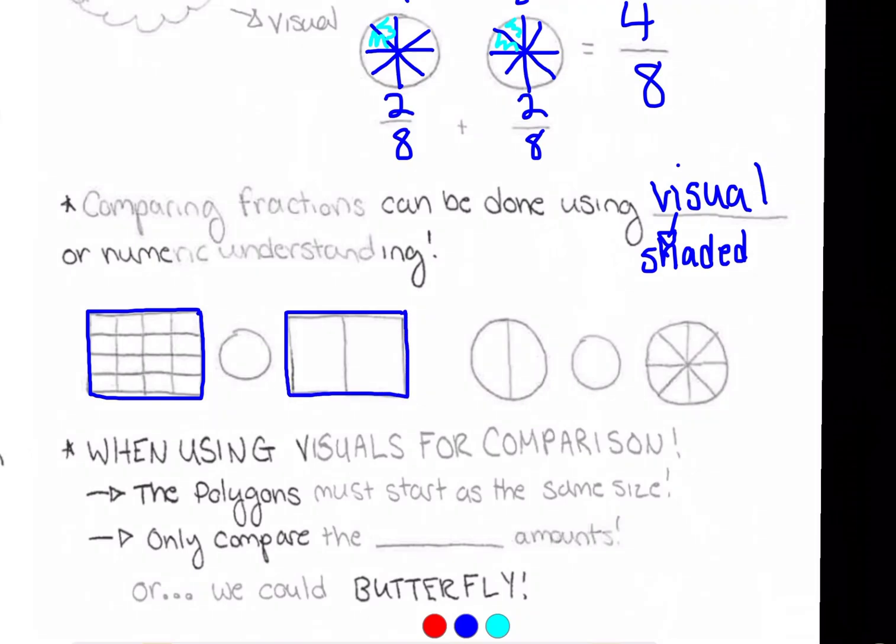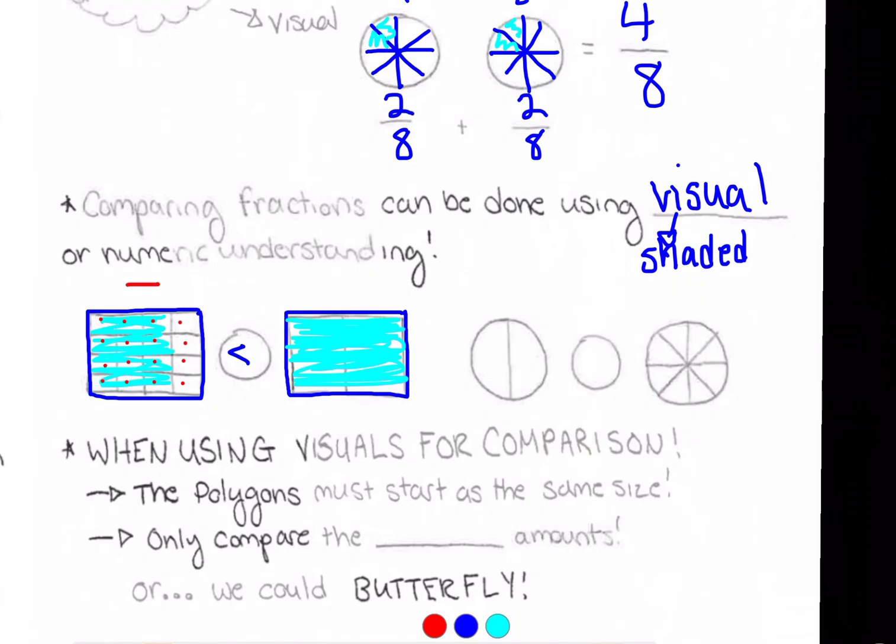So I have 2 pizzas, and this person says, well, I ate this many slices of pizza, and this person says, well, I ate this many slices of pizza. Which one has more light blue shaded in? It's actually going to be this one. Because if I was to count up my boxes, this person ate 1, 2, 3, 4, 5, 6, 7, 8, 9, 10, 11, 12, 13, 14, 15, 16.